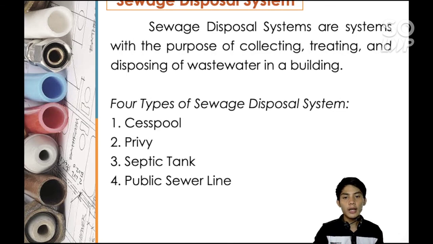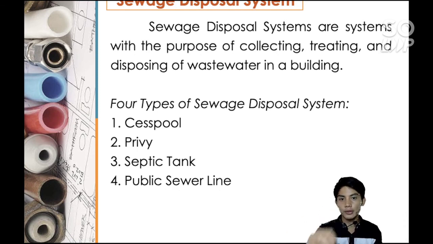So now let's move on to sewage disposal system. Sewage disposal systems are systems with the purpose of collecting, treating, and disposing of wastewater in a building, so that the wastewater is safer to dispose of than untreated wastewater.